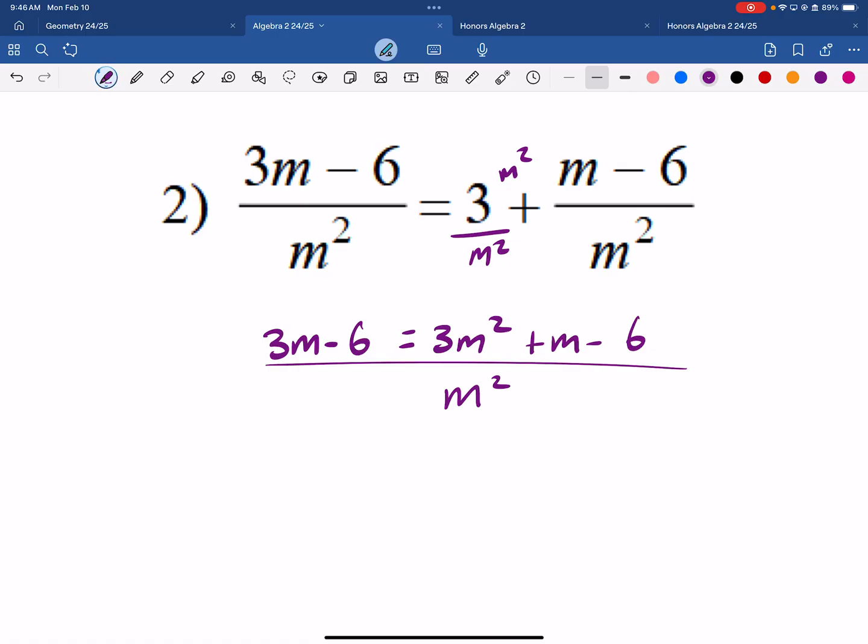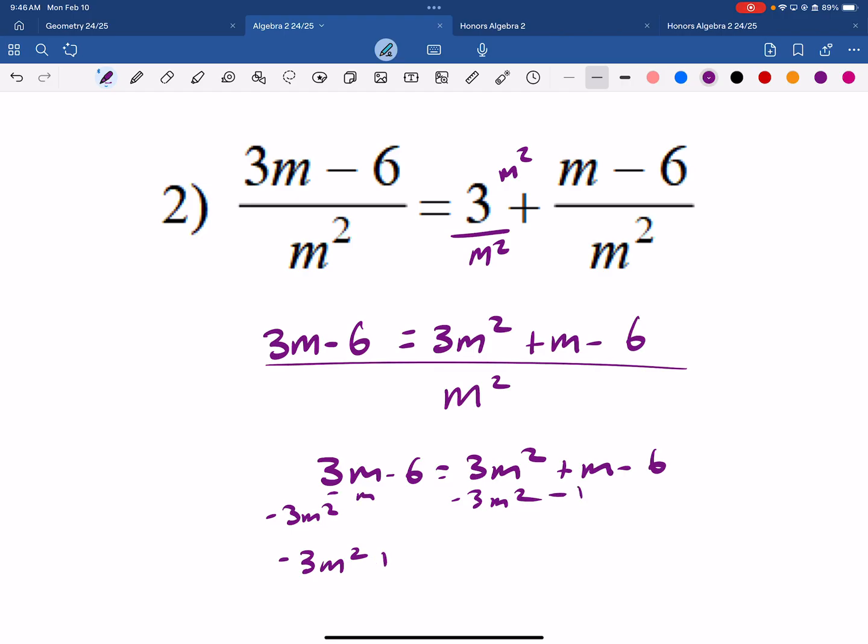Everybody okay? So I've got 3m minus 6 equals 3m squared plus m minus 6. So I'm going to subtract 3m squared. It doesn't matter. You may have moved everything the other way. So we've got negative 3m squared. I have to subtract m, so plus 2m.